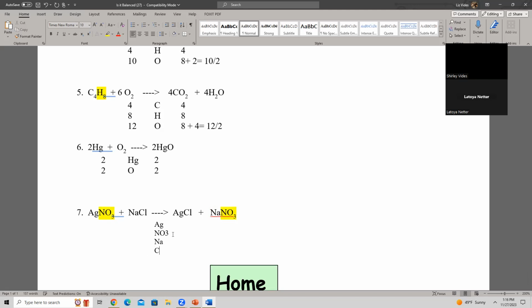Okay, so on this side we have 1. On this side we also have 1. On this side we have 1. And on this side we have 1. 1 on this side.